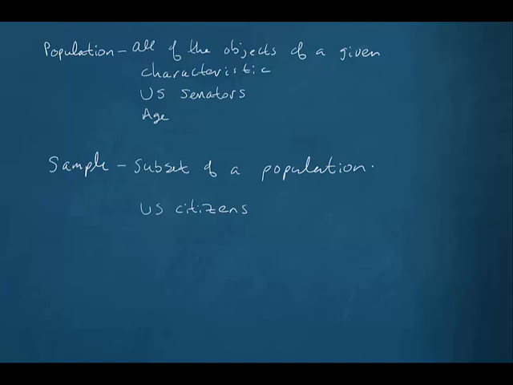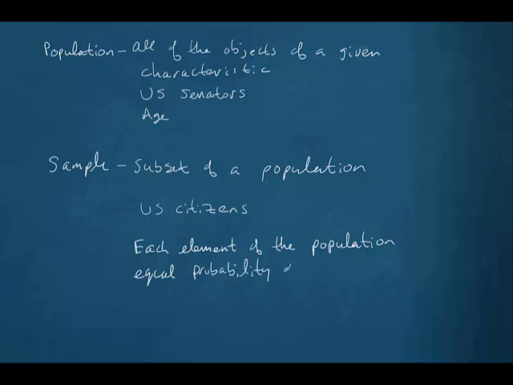So in order to come up with an estimate then of the U.S. citizens, we would have to sample, but we would have to sample in such a way that each element of the population would have an equal probability of being included in the sample.